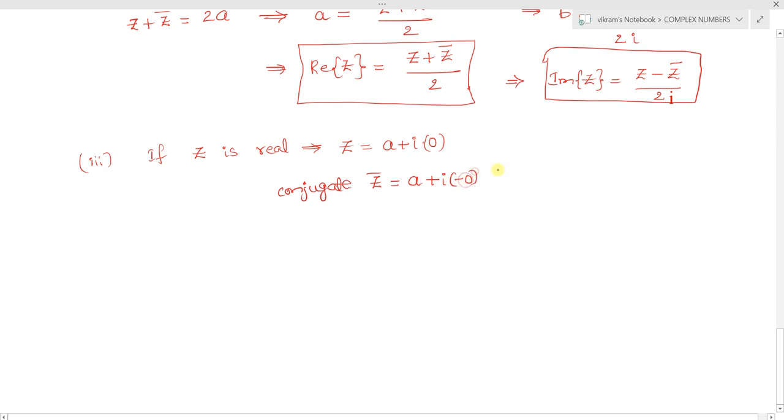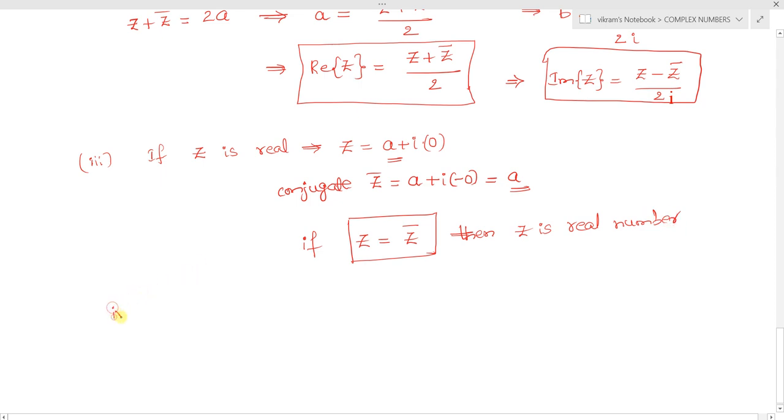If it is minus 0, nothing changes, so it equals a. So if z equals z conjugate, then the complex number z is a real number.